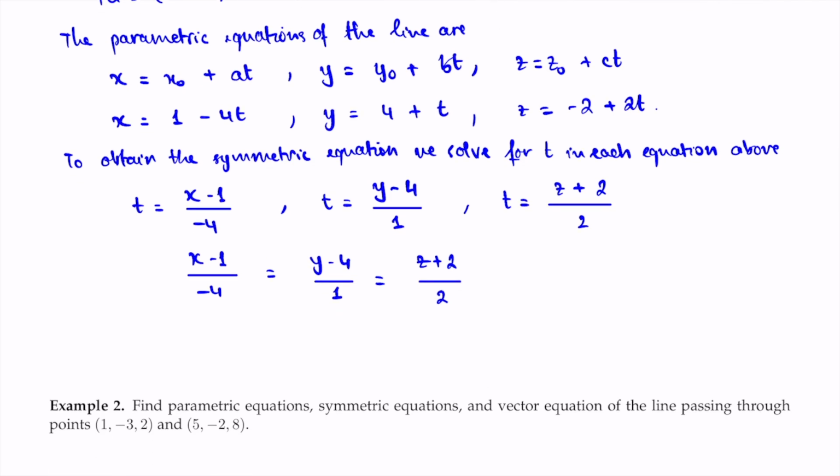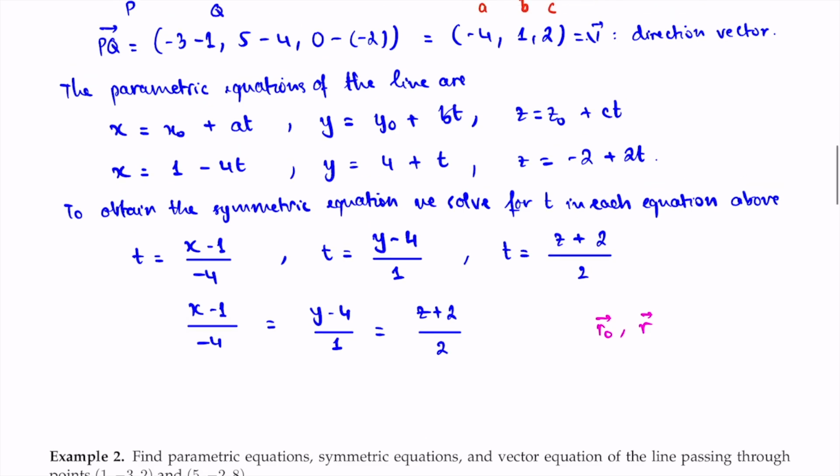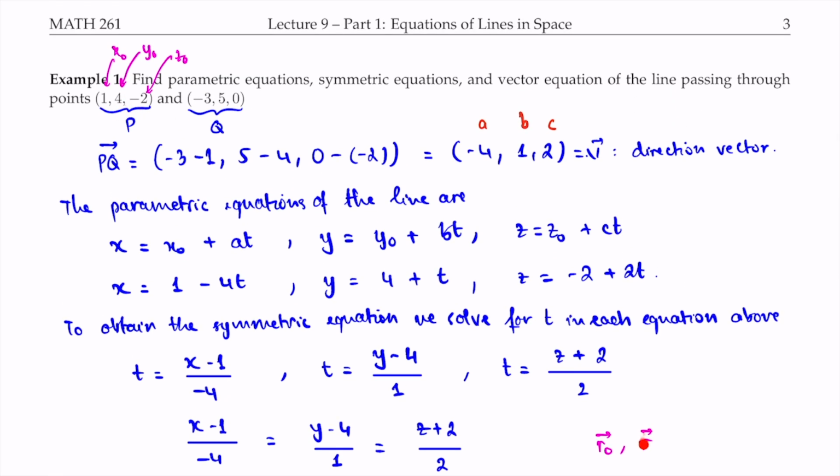Now for the last type, the vector equation, I'm going to consider the two position vectors, r0 and r. The vector r is equal to r0 plus t times v, where r0 is the position vector from the origin to the point P, and r is the position vector from the origin to the point (x, y, z), any point along the line.